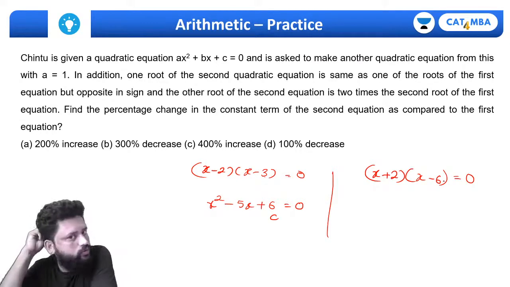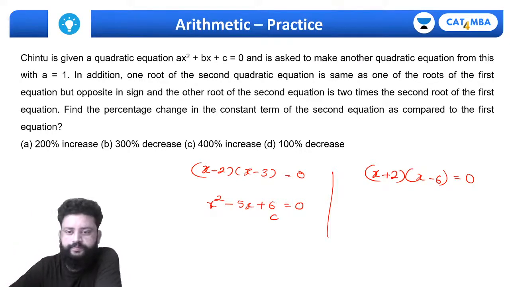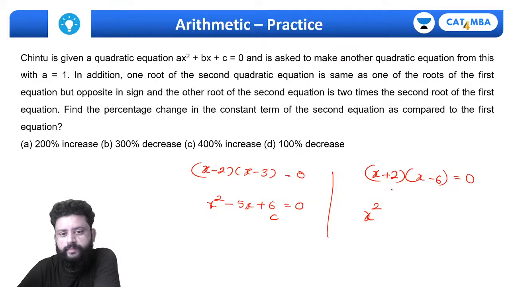This must be equals to 0. Now if you solve this, you'll get x square plus 2x minus 6x, that is minus 4x, minus 2 into 6 is 12 equals to 0.